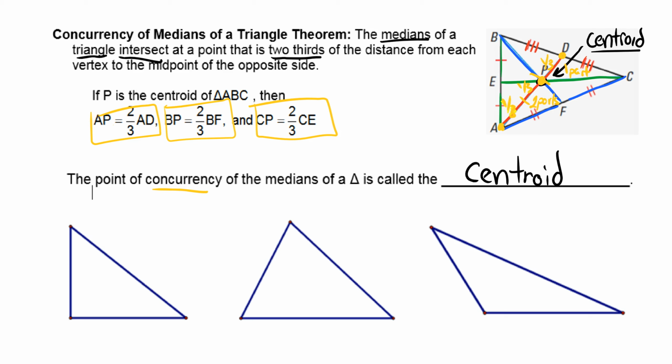What these next three pictures are for is to get the idea of where a centroid can end up in a triangle. We're going to estimate where the midpoint of each of these sides would be on these triangles, and mark it. Then we're going to draw in those medians.